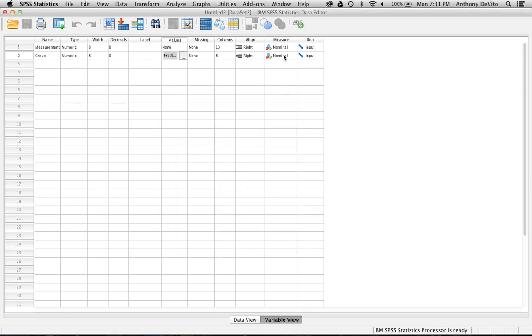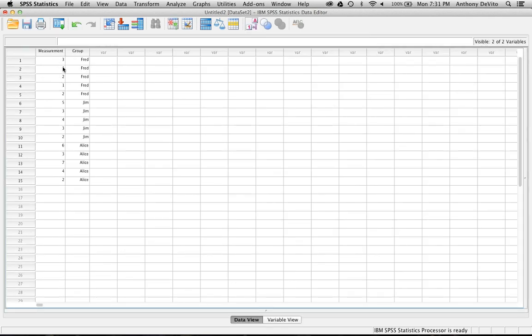That group is the variable. It's a nominal variable. The measurement, I should change this, is a scalar measurement, is a number, right? SPSS got fooled when I opened that up because if you look at the numbers, they look almost like groups, right? Like five groups, almost like Fred and Jim and so on and so forth. But they are scalar variables.